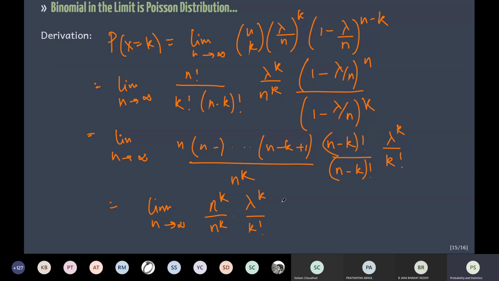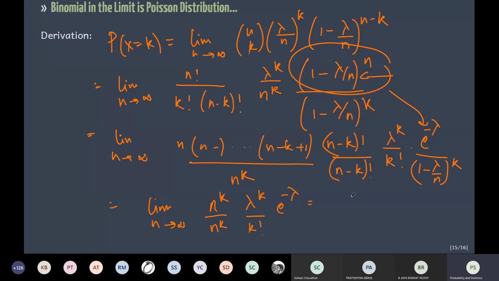And here what I'm missing is, if you do this limit n tends to infinity, this becomes e to the minus lambda. From calculus, the limit as n tends to infinity becomes this, e to the minus lambda, and the remaining factor, 1 minus lambda by n to the k, tends to 1. If you simplify all this, what you will end up with is lambda to the k by k factorial times e to the minus lambda. This we have obtained by using the limiting process.